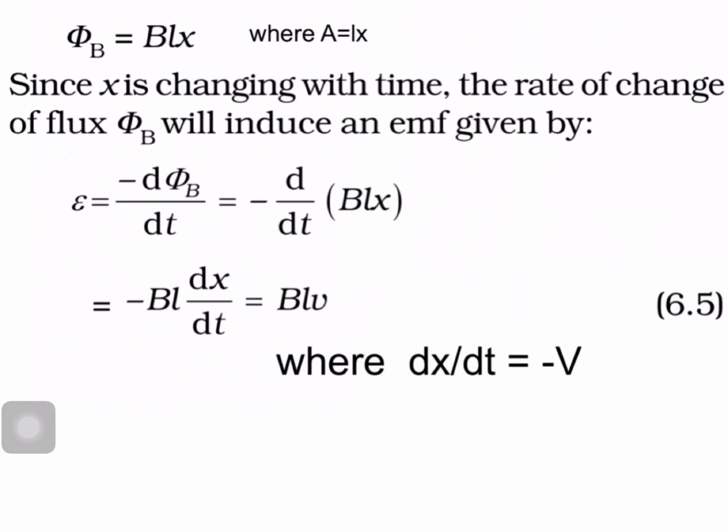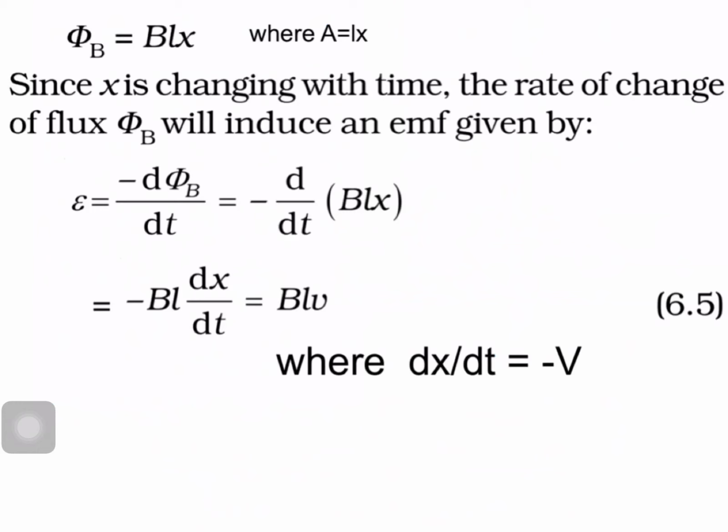And you are also familiar that dx by dt, the rate of change of displacement, is nothing but velocity. So we can write BLV. So here we can write directly the motional EMF, E equal to BLV. But note that according to Faraday's law it is minus BL dx by dt.